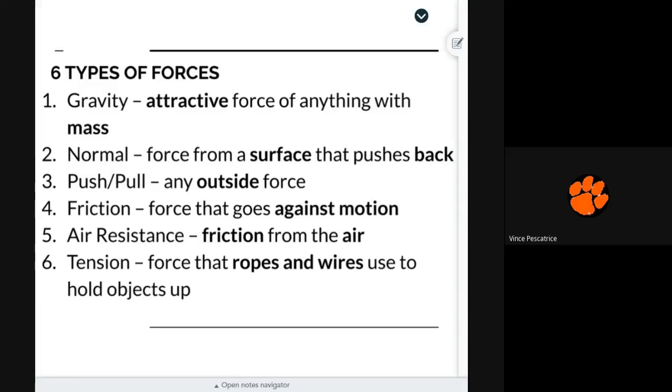So your acceleration will increase. When your acceleration increases, so does your speed. So if an object accelerates, what happens to your speed? When an object accelerates, speed increases.